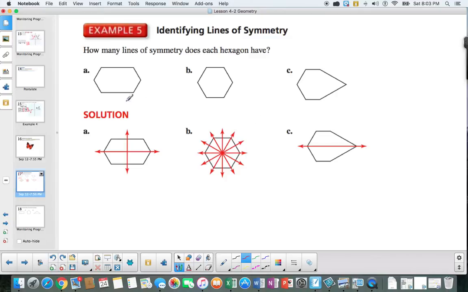You can see that each one of these figures has a number of lines of symmetry. This is one because this can reflect over this side, and this is another one. The hexagon has, looks like 1, 2, 3, 4, 5, 6 lines of symmetry, and this one only has 1.